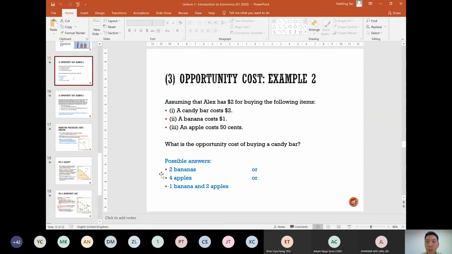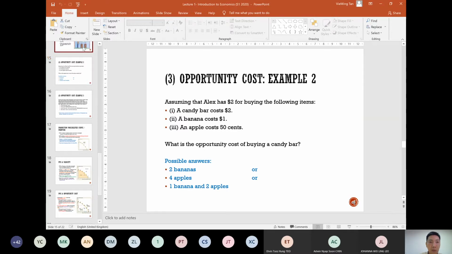Then what is his opportunity cost? His opportunity cost can be that he has to forgo 2 bananas, because 2 bananas also are worth $2, or he has to forgo 4 apples, because 1 apple is worth 50 cents, so 4 apples is also equivalent to $2. Or he has to forgo 1 banana and 2 apples.